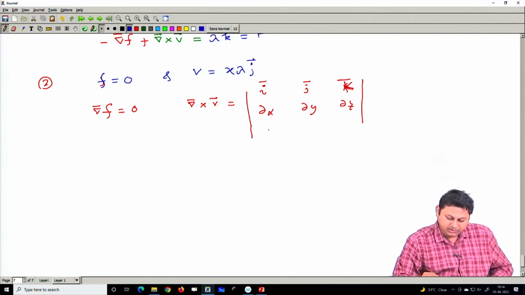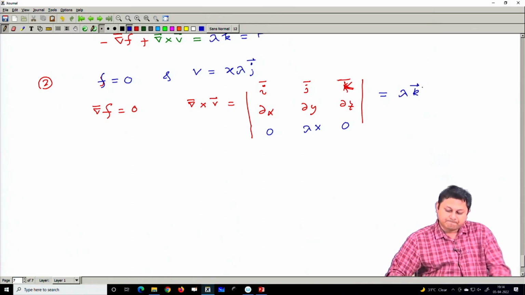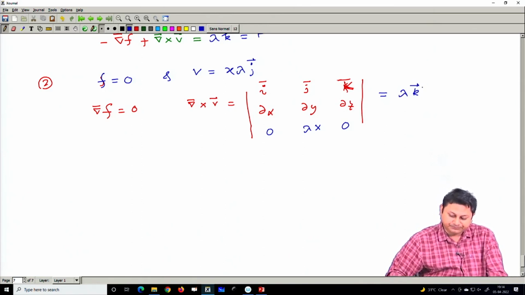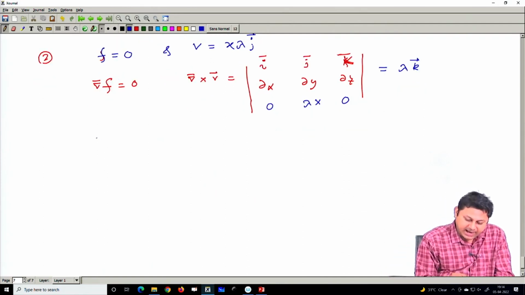So it should be 0, then lambda x, and 0. If you execute that, you will find it should be simply lambda k. So that means if I add these two quantities for the given f and v, I will get back lambda k like the previous way, which is the given function.